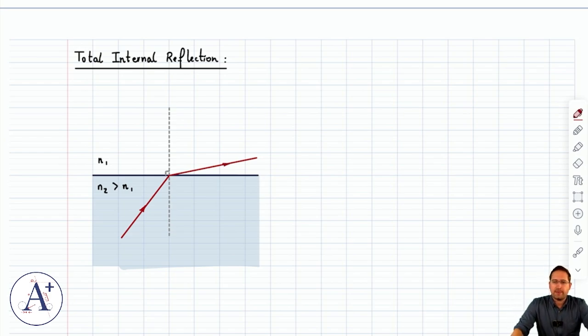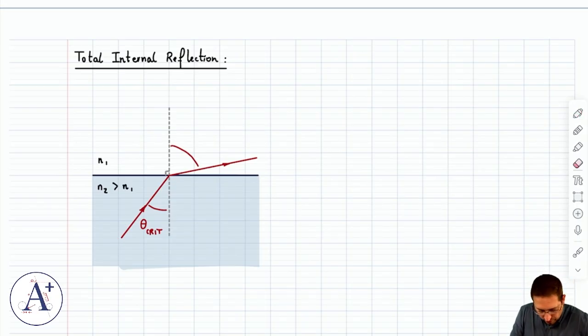Now at some point, you can increase this angle, but you cannot go further than what's called a critical angle. Because whatever this angle is, this angle here will be bigger than this angle. As you increase theta, at some point you hit theta critical, and that's the point where your refracted ray is at 90 degrees from the normal.